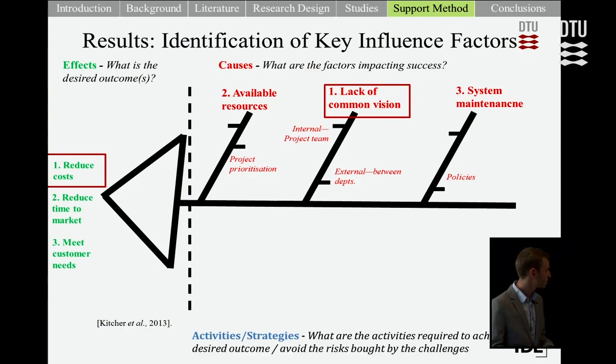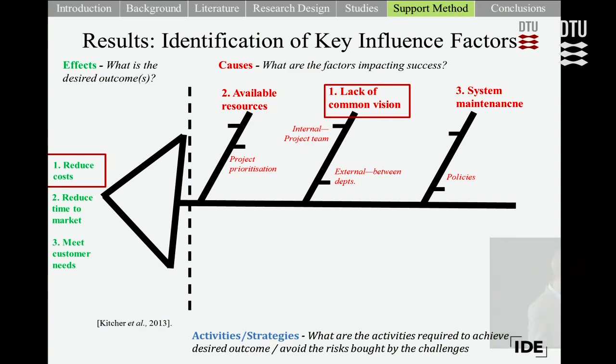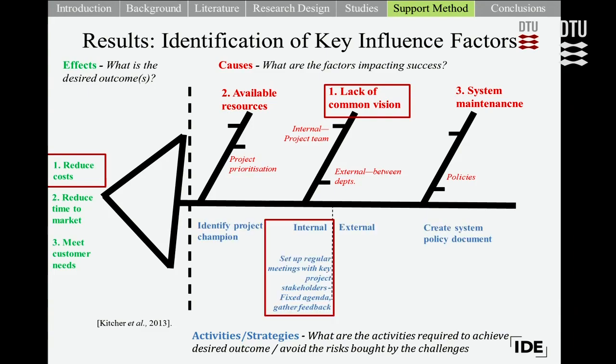So based on this, to support the development of KPIs, we also identified key strategies in order to achieve the desired outcome and also to minimise the risk towards some of these causes. An example here, at the internal level with the project team: in order to reduce the risk of this lack of common vision, they decided to set up regular meetings with key project stakeholders throughout the project with a fixed agenda and then structured gathered feedback throughout the process.